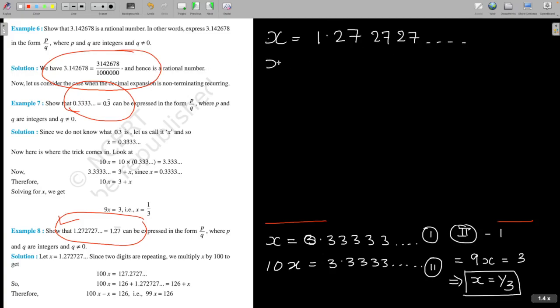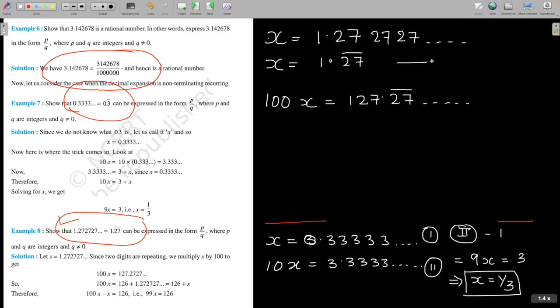This is x is equal to 1.27 recurring. So this time I shall multiply both sides by 100. So 100x is equal to 127.27 recurring.